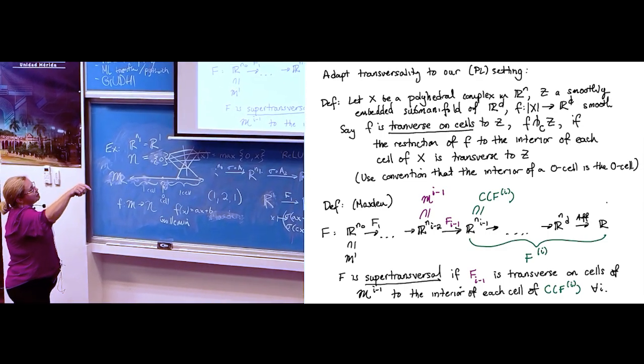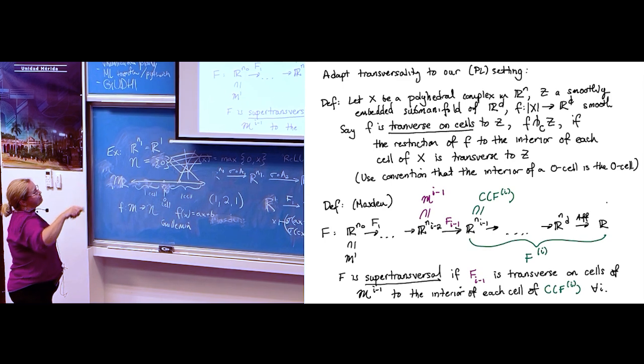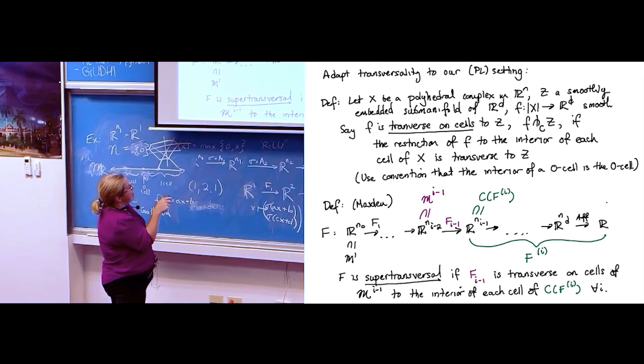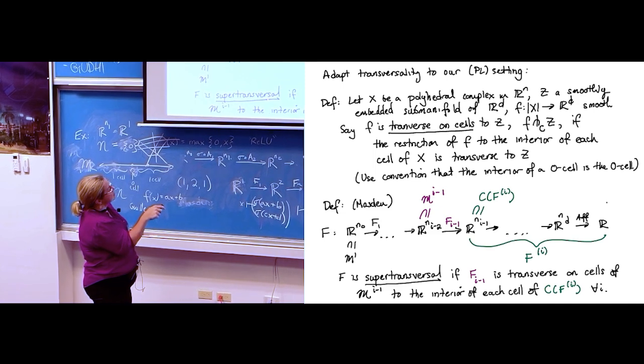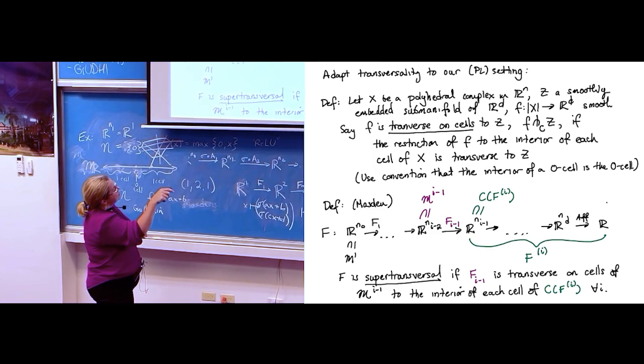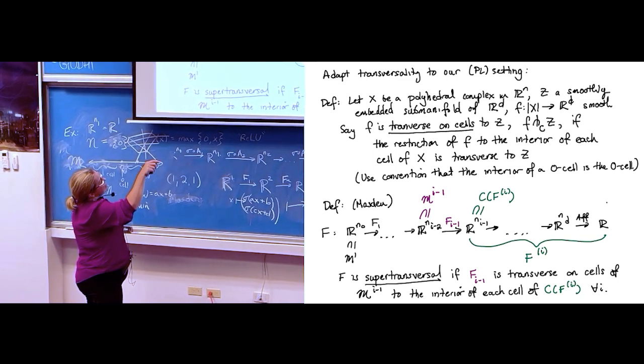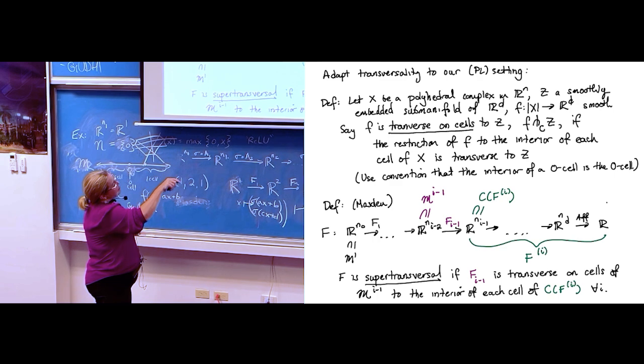So in each of these you've got a C. The definition is that the map is super transversal if, when you look at one of these layer maps, here the purple F_{i-1}, from here to here, that is transverse on cells of this guy to the interior of each cell of this guy.